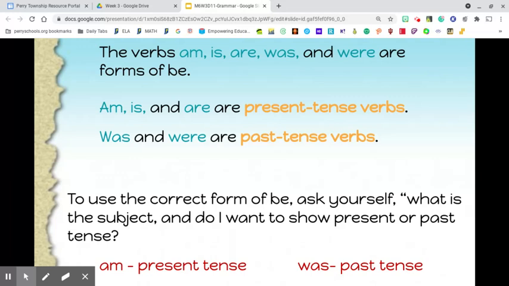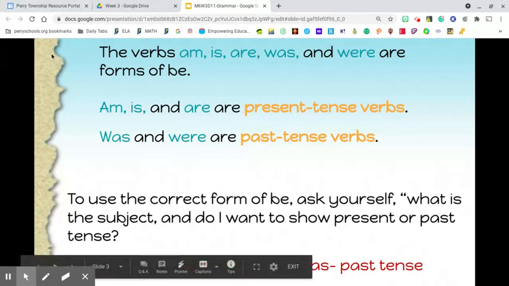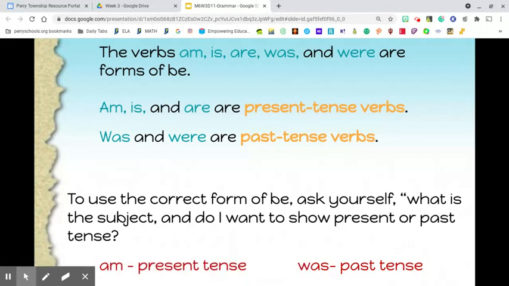So to use the correct form of be, we have to ask ourselves, what is the subject? And do I want to show present or past tense? So if I am looking at the present tense, remember I'm going to use am, is, or are. And if I'm looking at the past tense, I'm going to use was or were.